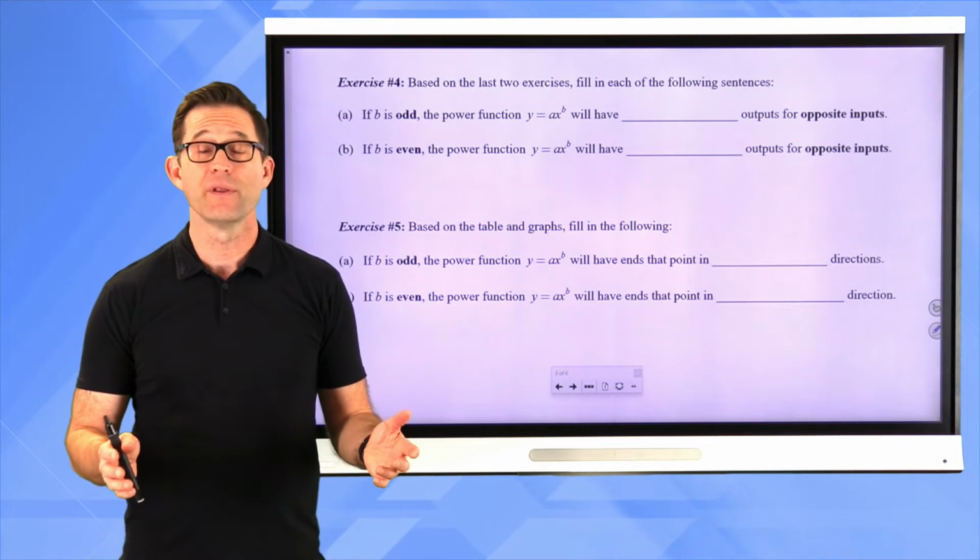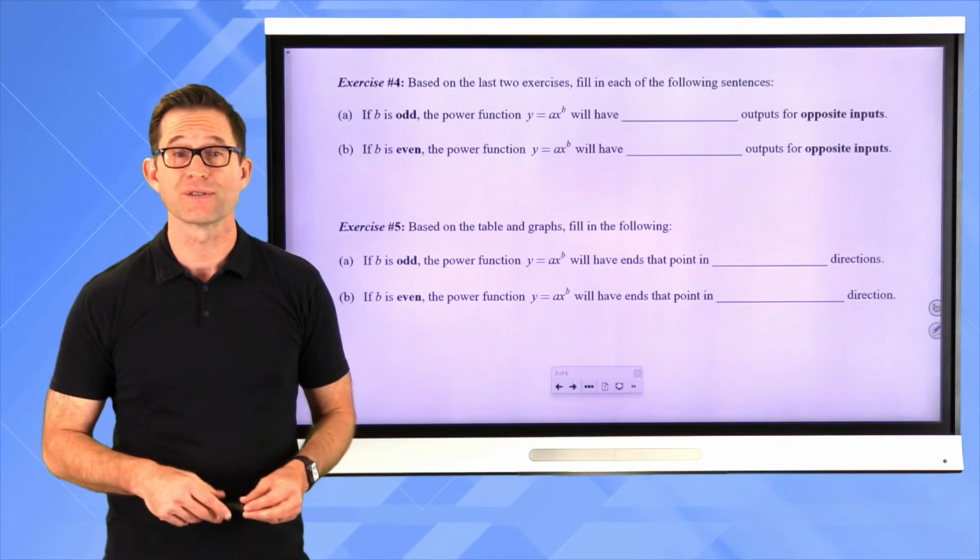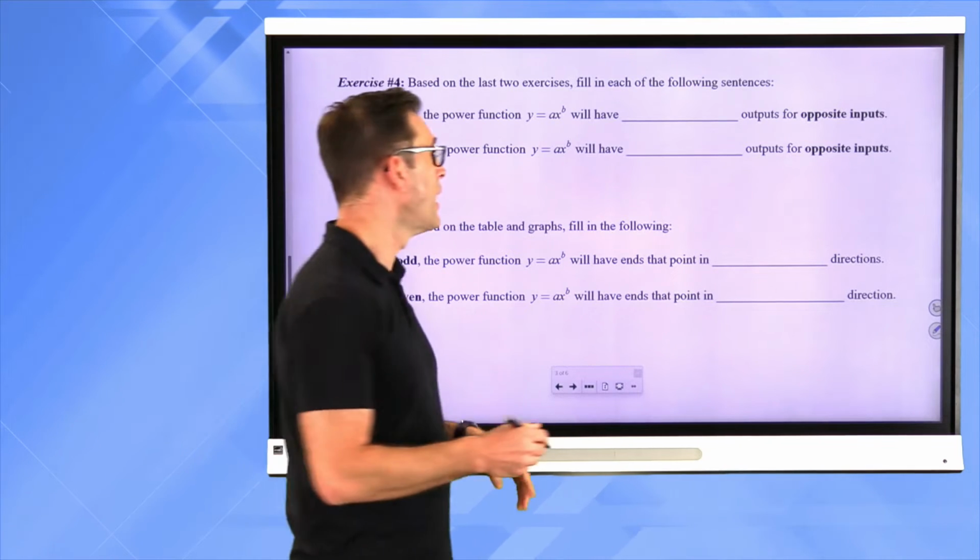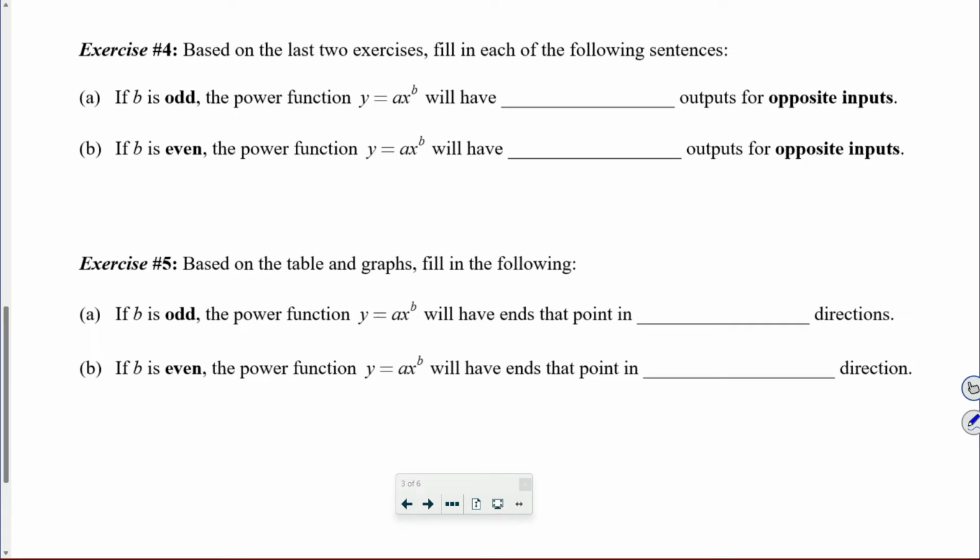All right, this is truly the definition of odd and even functions. If the exponent is odd, then that power function will have opposite outputs for opposite inputs, and if the power is even, it will have equal outputs for opposite inputs.